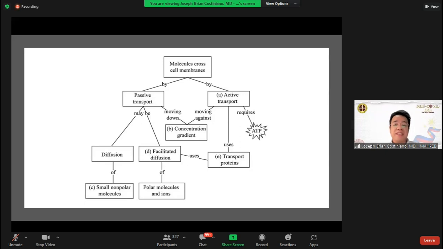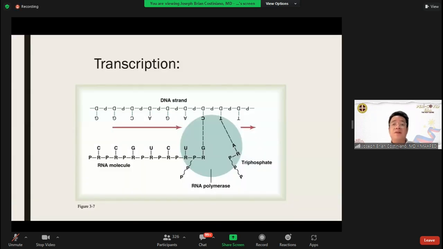Meanwhile, your facilitated diffusion is transport of polar molecules and ions. Okay? Now, it's called facilitated diffusion because some of them use transport proteins as well. Okay? In order to transport these polar molecules and ions. I hope that's clear, ha? So wag nang malito sa moving along, moving down, moving against. Kasi minsan yung ibang student nalilito.